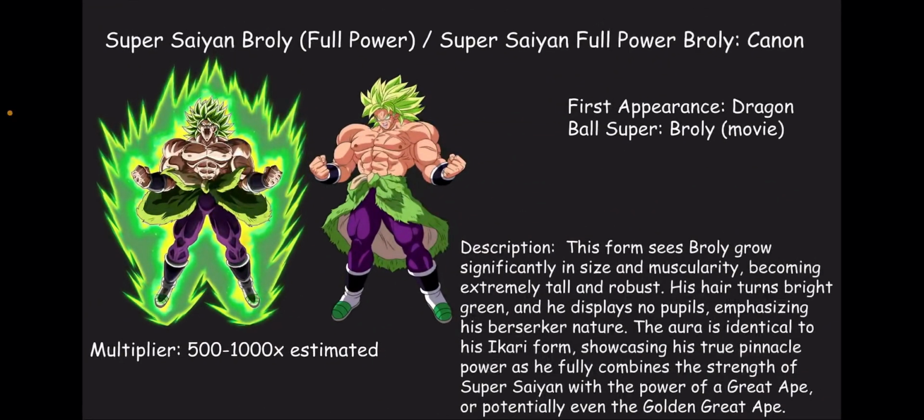And then Broly transforms to this and was taking those blows without even flinching, and then beating Gogeta so badly he had to go Super Saiyan Blue, and Broly was still taking those hits with a lot of pain, obviously, but was doing much better. So it could be 500 minimum, but if it was possibly 5,000 times base, it would explain a lot. But that's just me saying this, and that is basically all of the transformations.